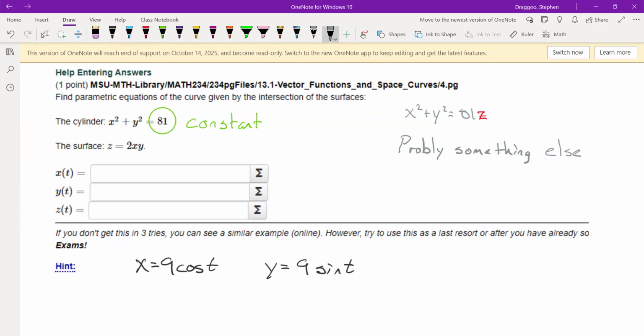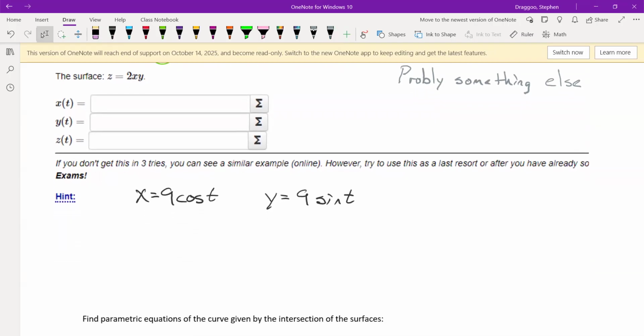Because I want it specifically to be when I've got it equal to a constant value. If I've got an extra variable over on that other side, that tends to break the sine and cosine parameterization. Not always, but sort of as a rule of thumb, I look away from sine and cosine if I've got two square terms added that it's equal to something that's not constant.